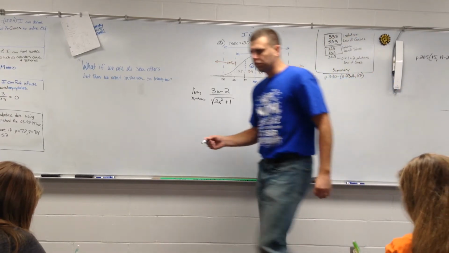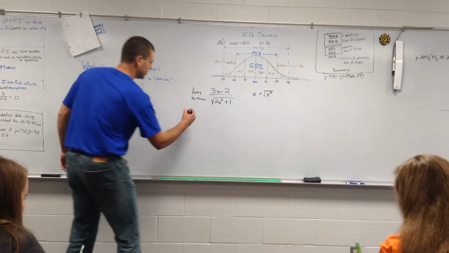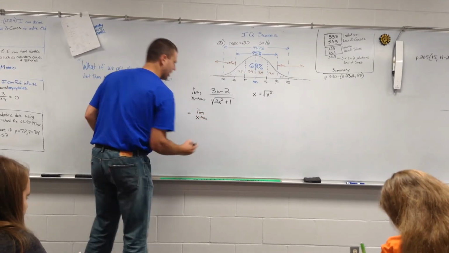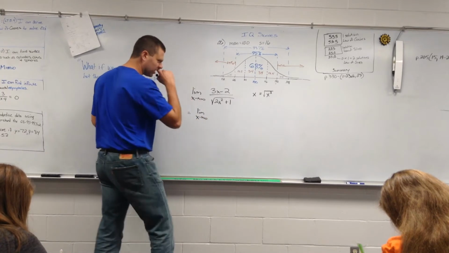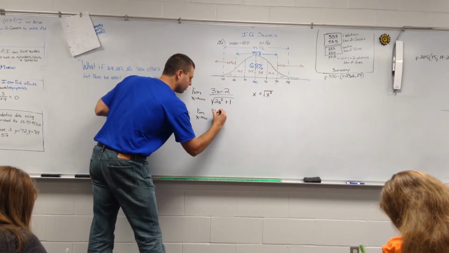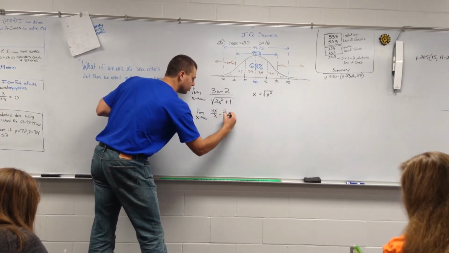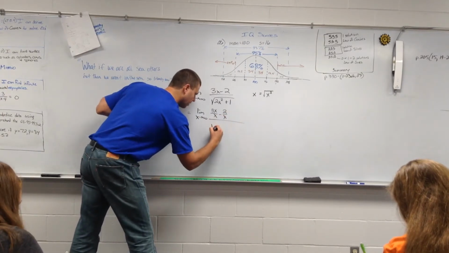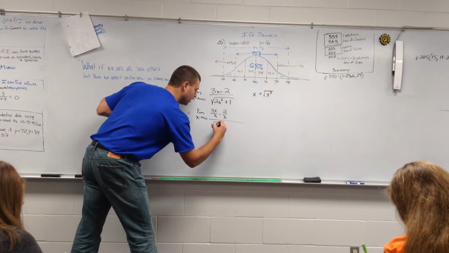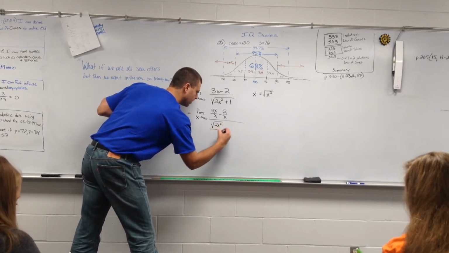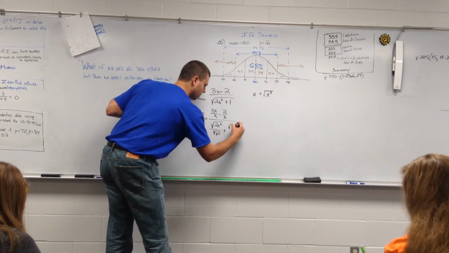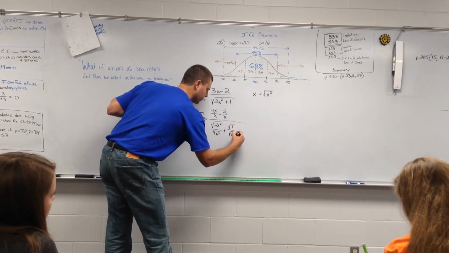So if I were showing my work on this, this would be the limit as x approaches infinity. I'm going to write out an extra step here so you can see it. 3x over x minus 2 over x, all over the square root of 2x squared over the square root of x squared, plus the square root of 1 over the square root of x squared.